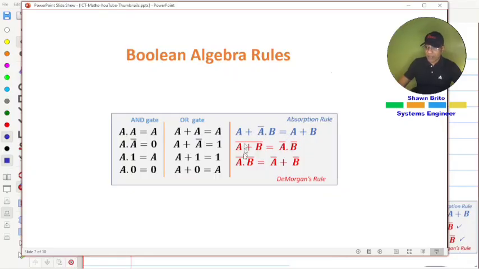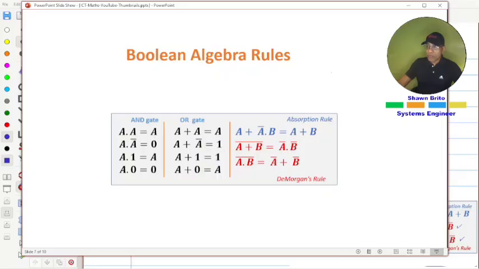Some of these are De Morgan rules, like A plus B bar is equal to A bar multiplied by B bar. We are not going to prove it, but we have to memorize some of these rules, if not all of them, right?